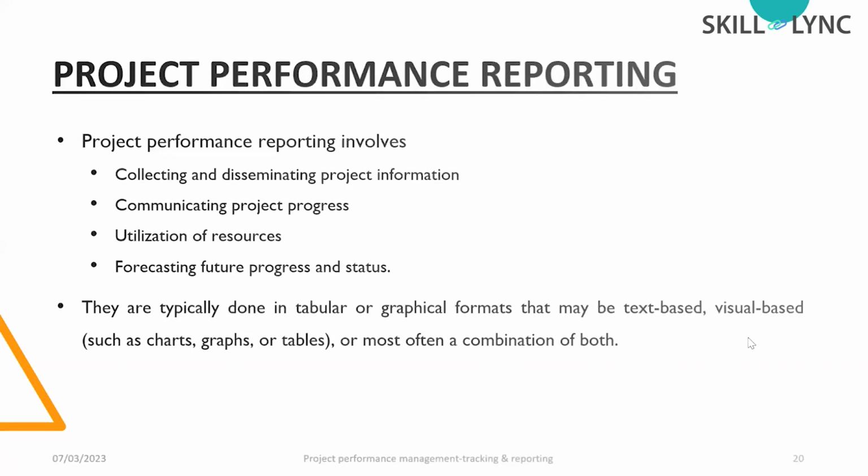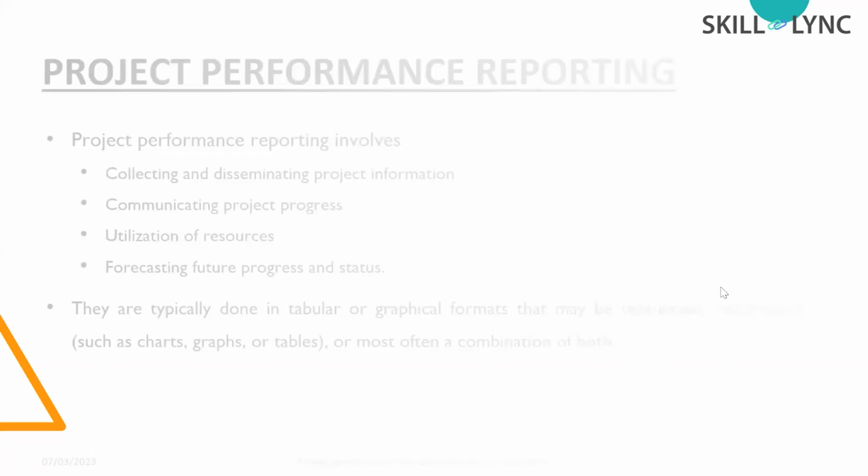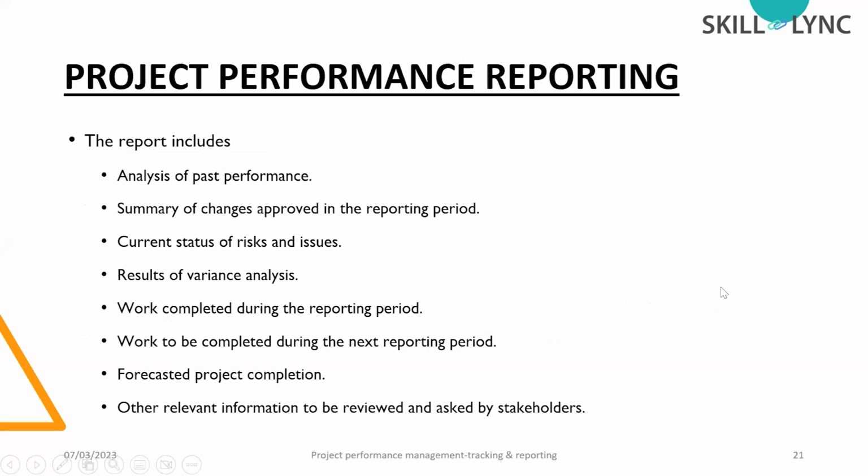There are a set of reports available, and these reports include factors like the analysis of past performance. We will analyze the performance with respect to scope, time and cost, and collect it in the form of a report. Then we will collect the summary of changes that were approved in the reporting period, because due to actual conditions there will be many situations where we need to do change activities.